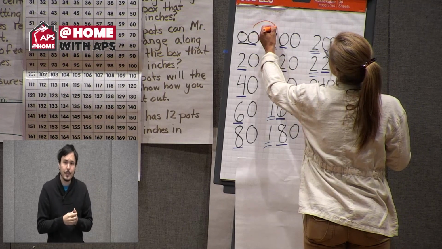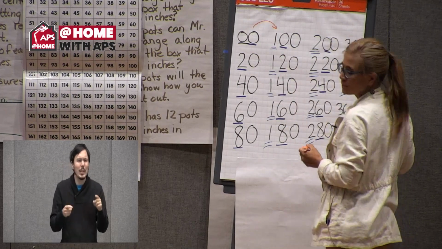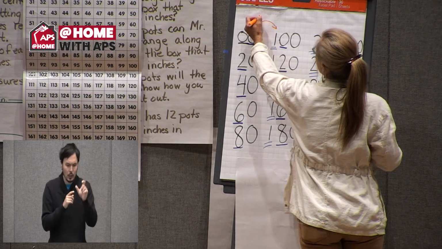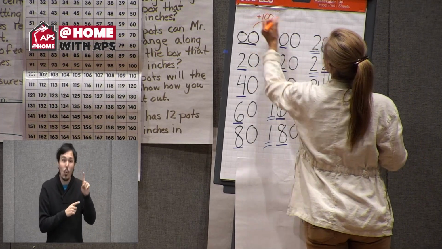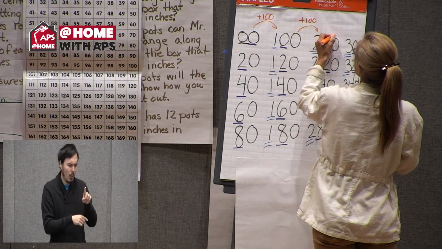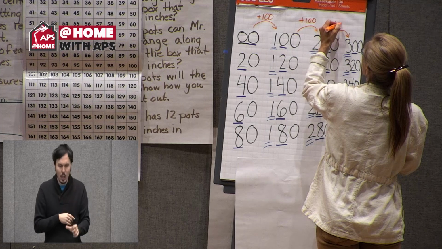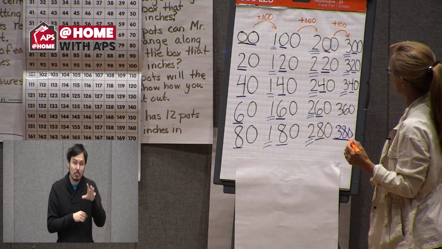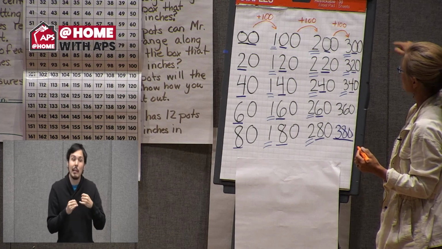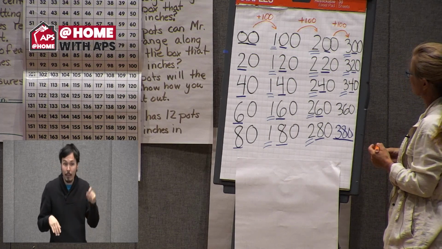What's happening going from this column to this column? What do you think? That's right, it's changing by 100, isn't it? This column to this column, 100. This column to this column is 100. So the top number of our next column is probably going to be 400, because this is 300 and one more 100 would be 400.